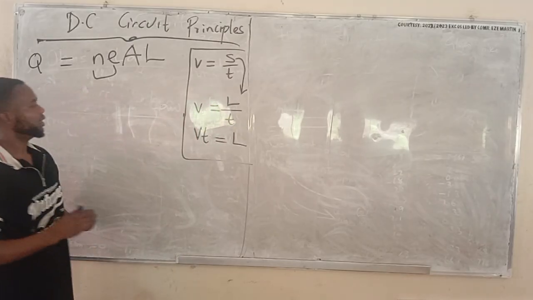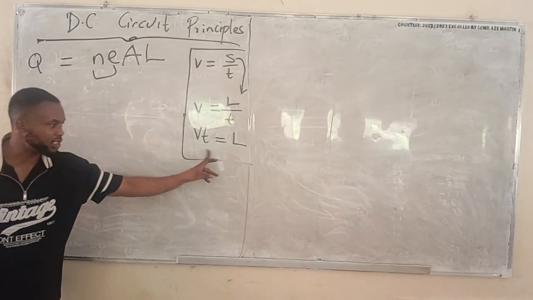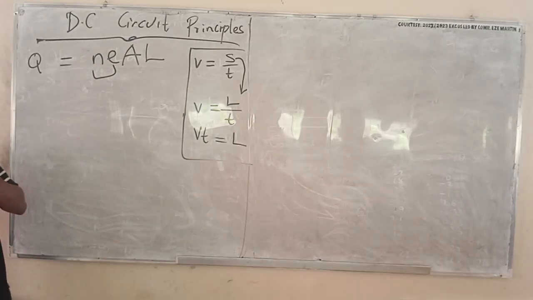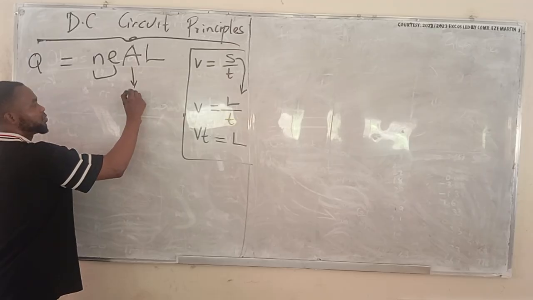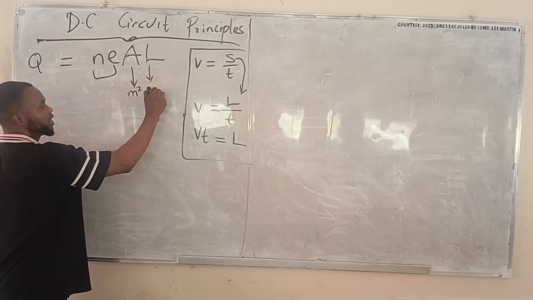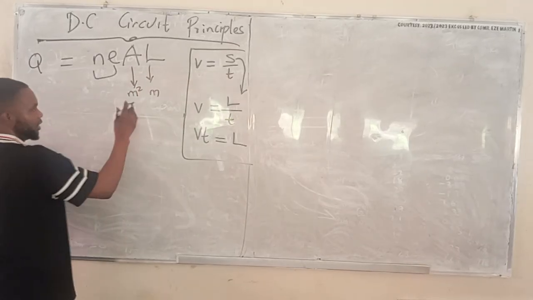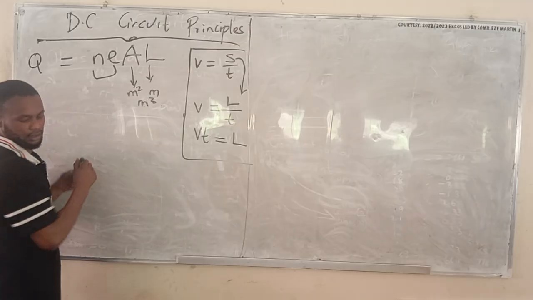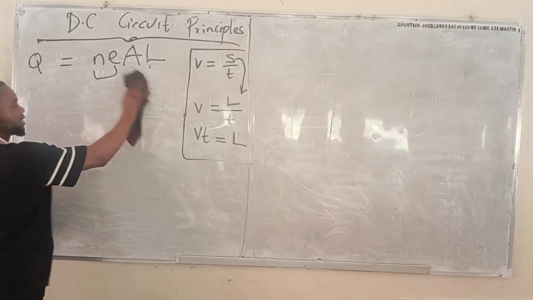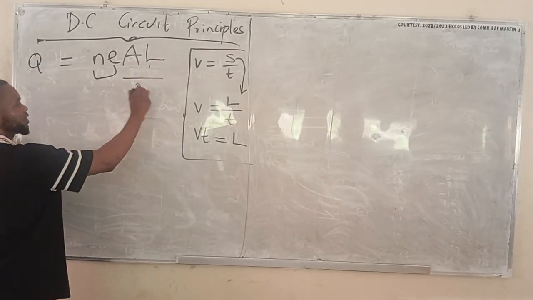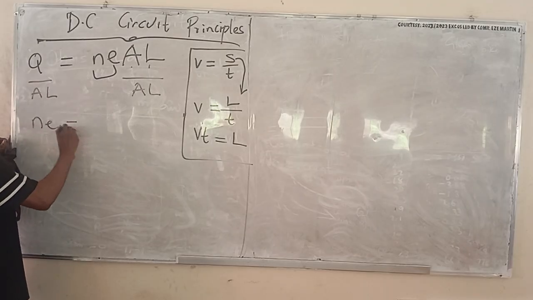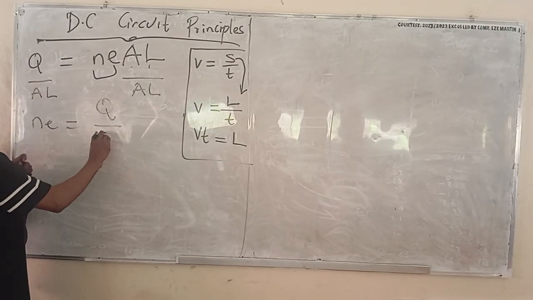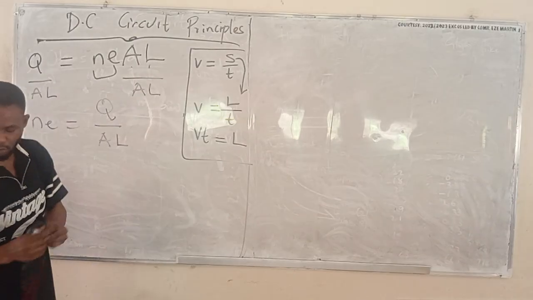Okay. Now that you have VT equals L, I want you to check something for me. You know that A is meter squared and L is meter, and this is meter cubed now. So if at any point I say divide both sides by AL, NE is equal to Q over AL, I will not be wrong.